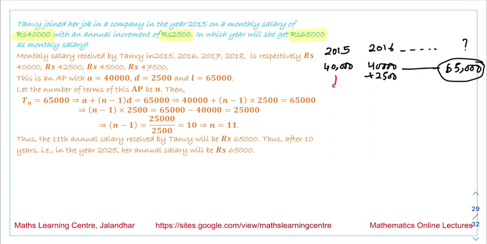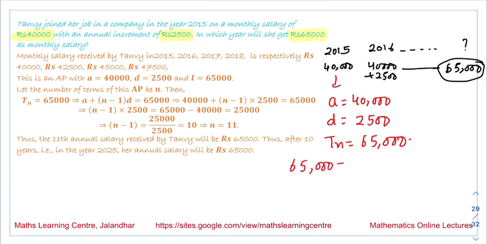So what we have is the value of A is 40,000. The value of D is 2500. T n is 65,000. So when we put these values in the formula, we get 65,000 is equal to 40,000 plus n minus 1 into 2500.